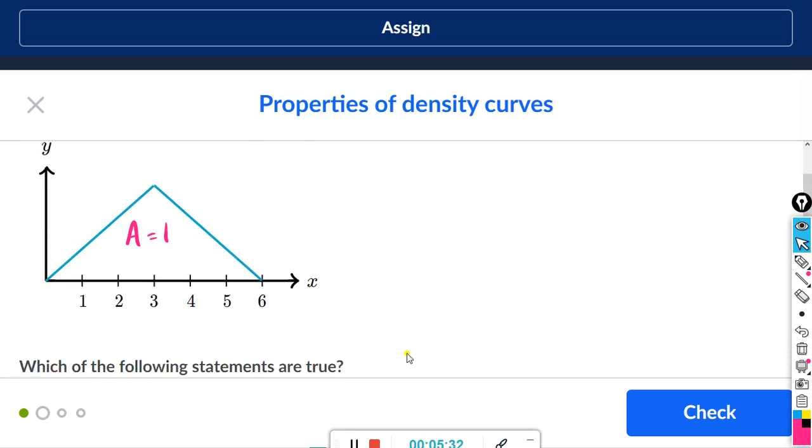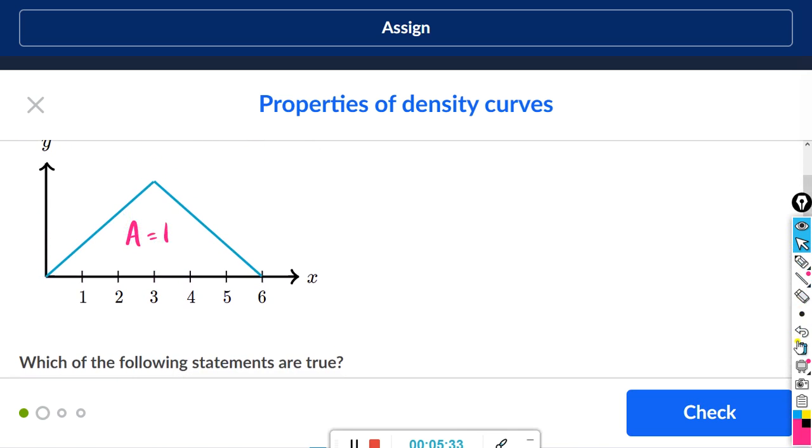Answer C, the height of the density curve is 1/3. All right, let's see if we can calculate the height. Just like we did in problem 1, we said the area of a triangle equals 1/2 base times height. Okay, and the area is 100%, which equals 1.